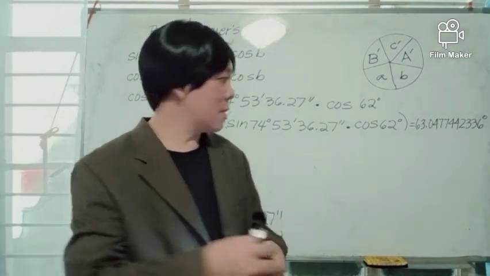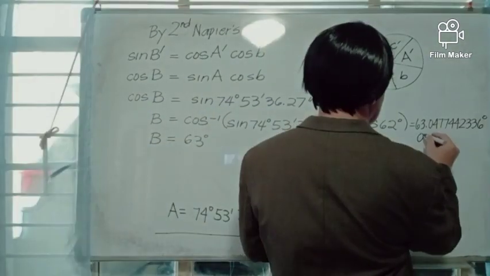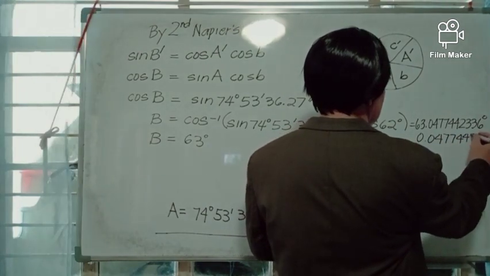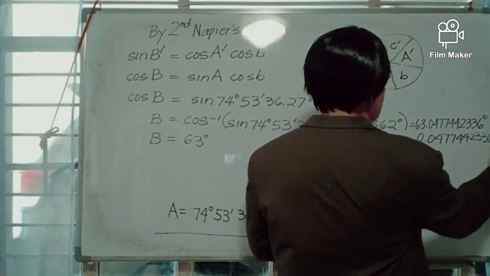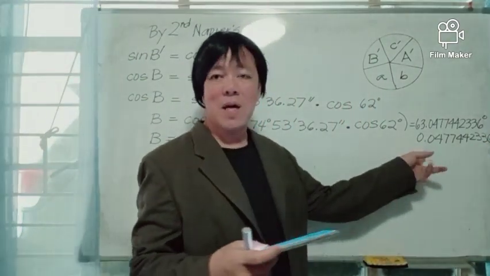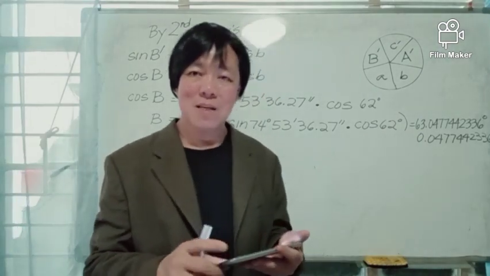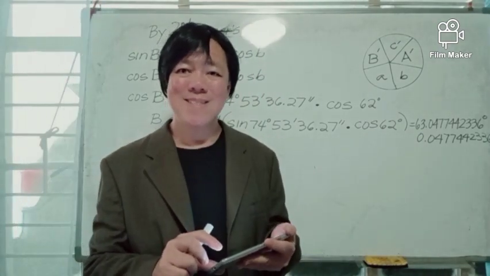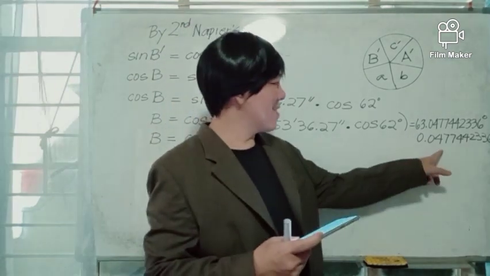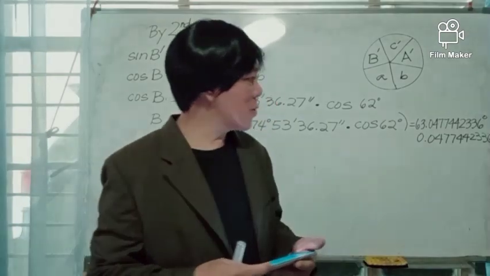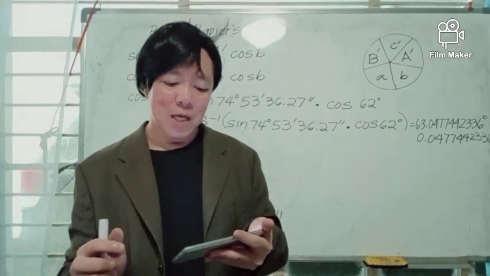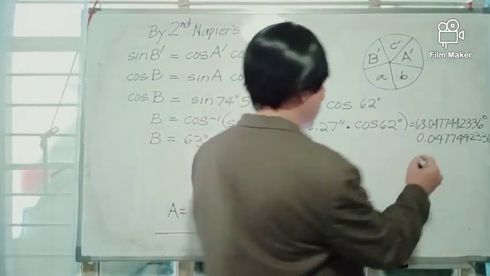You should get 0.0477442336. And that's in degrees. And we multiply this decimal number by 60 because 1 degree is 60 minutes. Multiply 0.0477442336 by 60, and you should get 2.86.